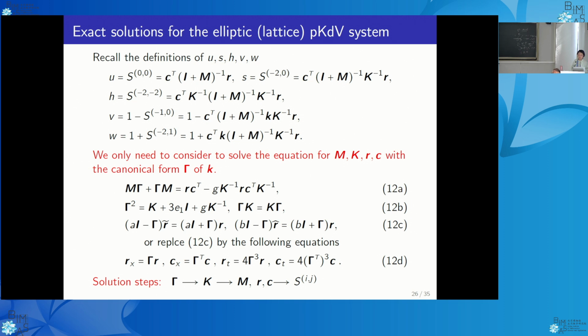So the solution steps are similar to the ABS lattice equations. From gamma we get small k, and from gamma we get the big K, and then we can substitute them into the Sylvester equation to get M, and for the dispersion relations we solve for R and C and substitute them to get Sij.